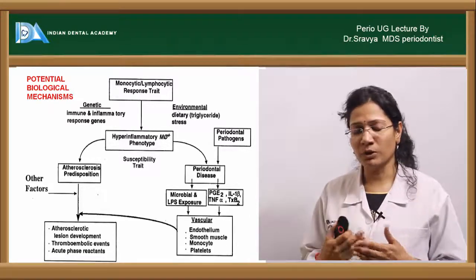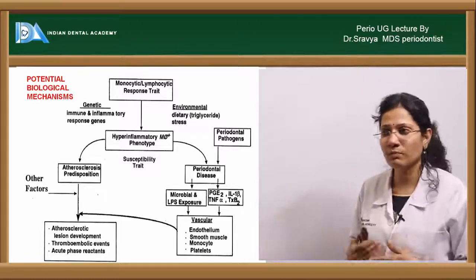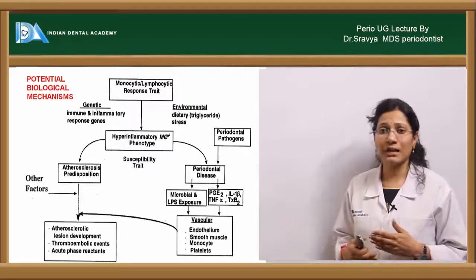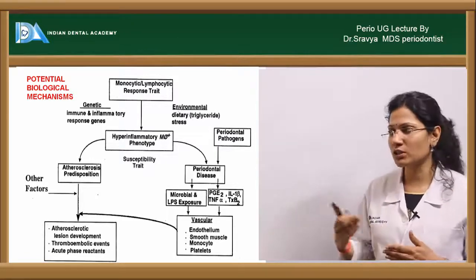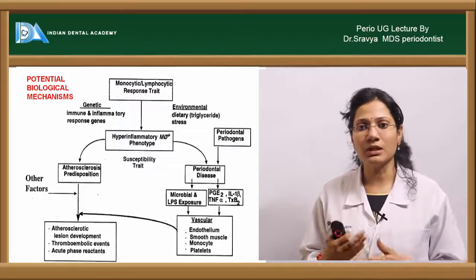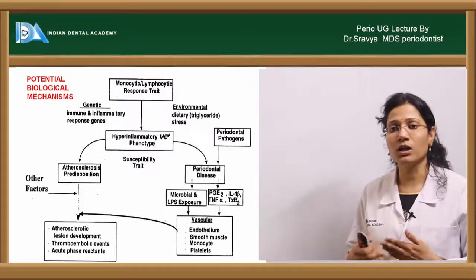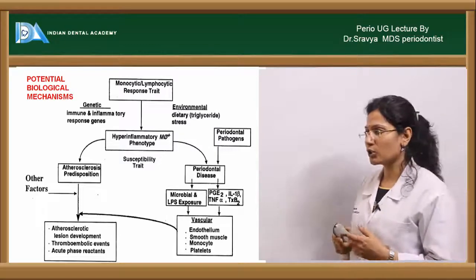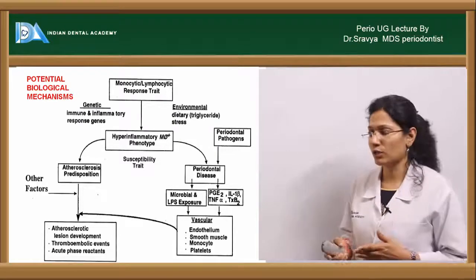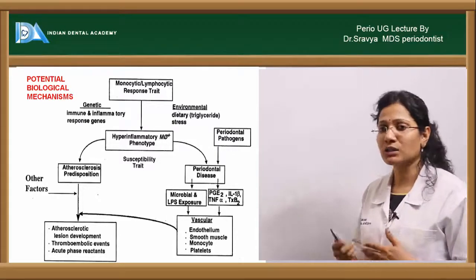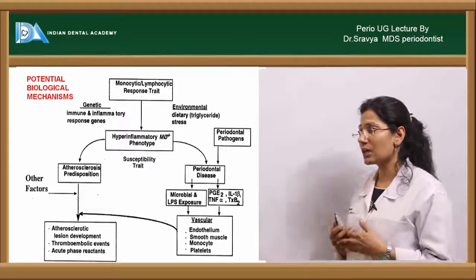Apart from being constantly stimulated, there can be a genetic influence which makes these monocytes turn into hyper-responsive monocyte or macrophage phenotypes. These hyper-responsive ones secrete more and more of these inflammatory mediators.